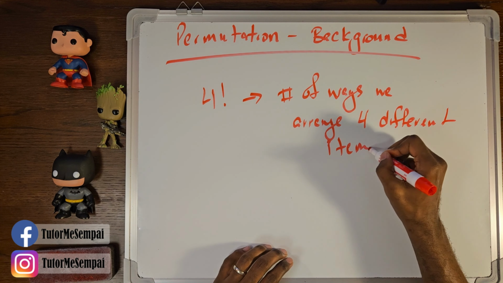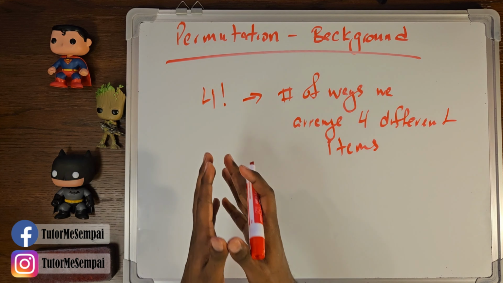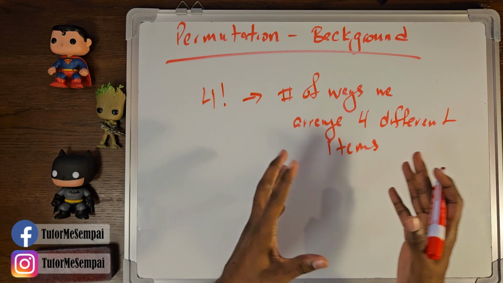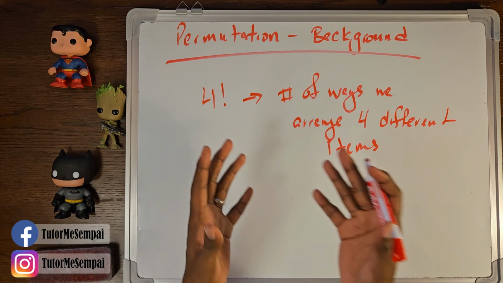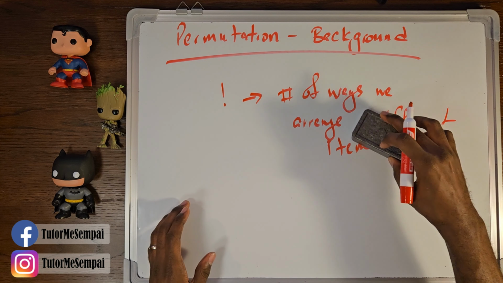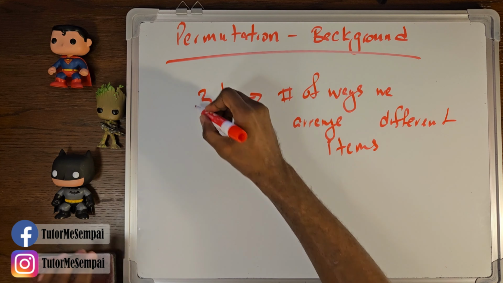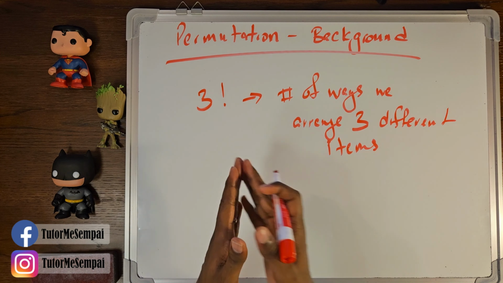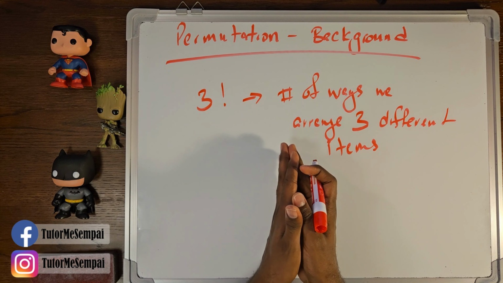That's it. 4 factorial is the number of ways we can arrange 4 different items, or, in other words, the number of permutations you have for 4 different items. If you had 3 factorial, that's just the number of different ways you can arrange 3 different items. But factorials assume that we want to rearrange every single item that we're given.